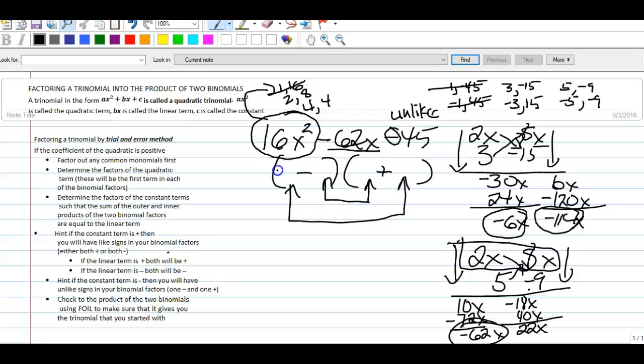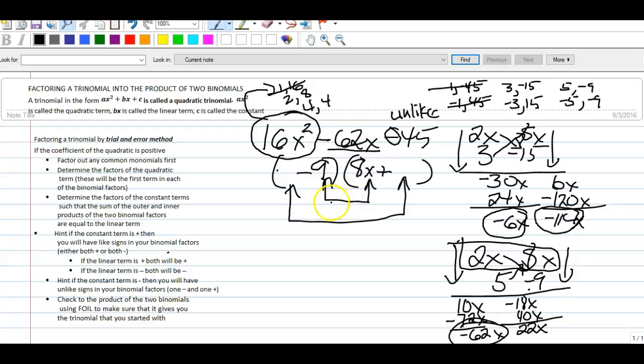You have to be careful where you place these. I need an 8x times a minus 9. Well, I've got the minus here, so I need a minus 9, so the 9 is going to have to go here, and I need an 8x times the minus 9 to get the 72x, so the 8x is going to have to go here.